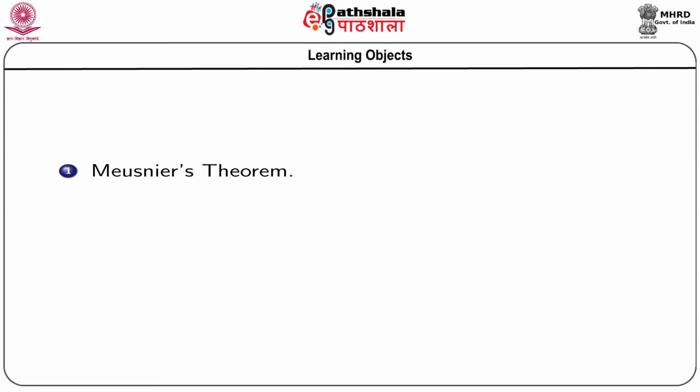And secondly, in this module we shall learn Theorema Egregium of Gauss, given by the German mathematician Carl Friedrich Gauss. So, let us see the first theorem and its proof.